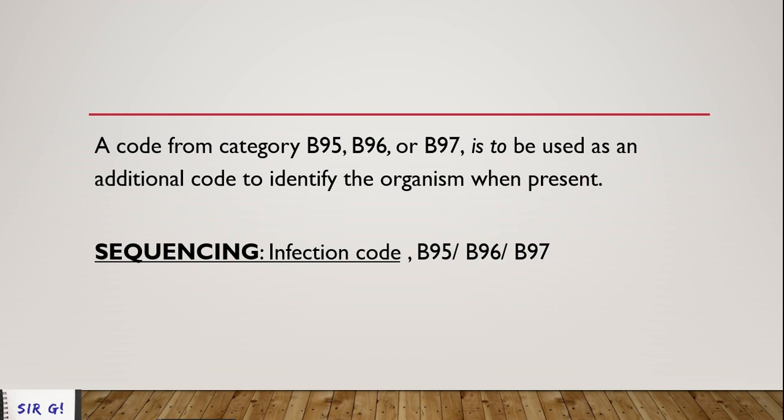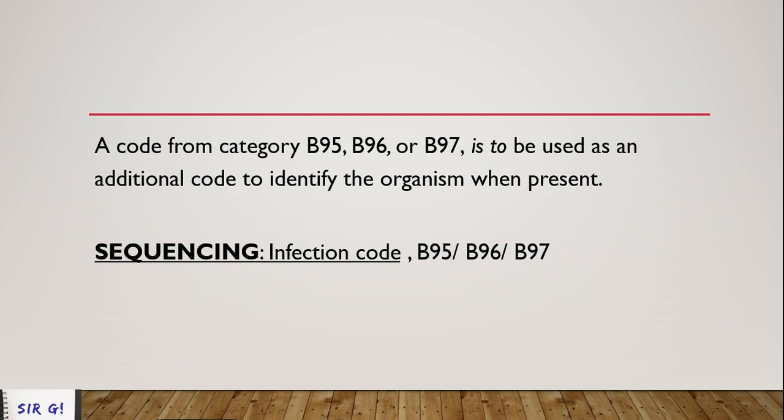But guys, keep in mind that you can only code B95, B96, or B97 if it's already confirmed. If it's just suspected and they don't know the specific bacteria yet, you cannot code B95, B96, or B97 right away. We need confirmatory documentation that this is really the causative agent before you can use B95, B96, or B97.